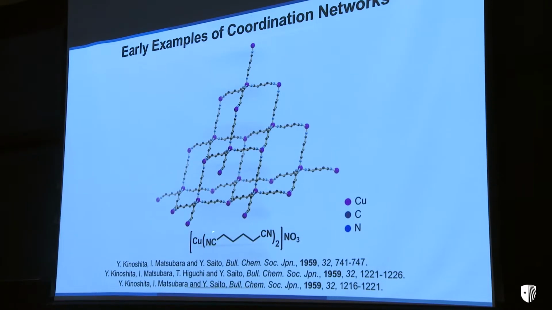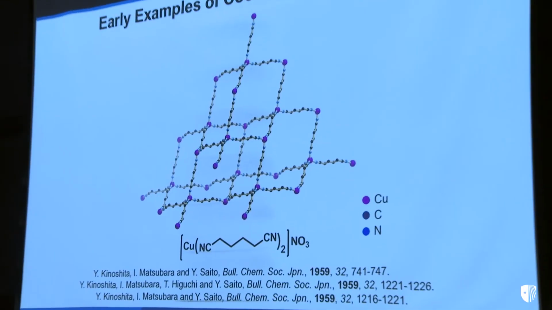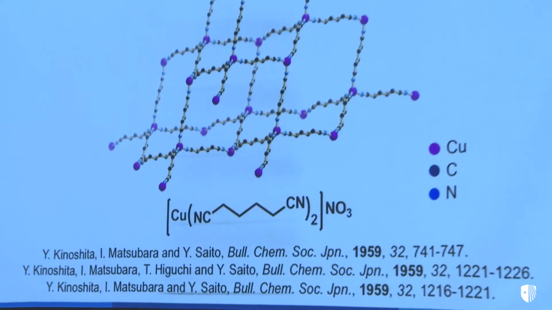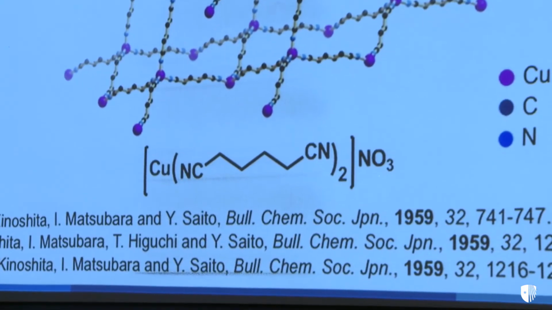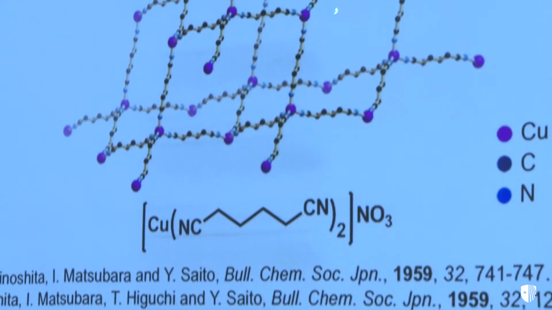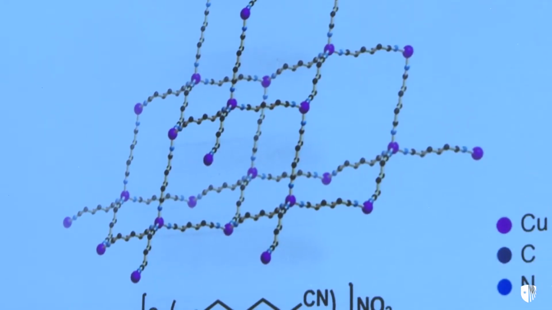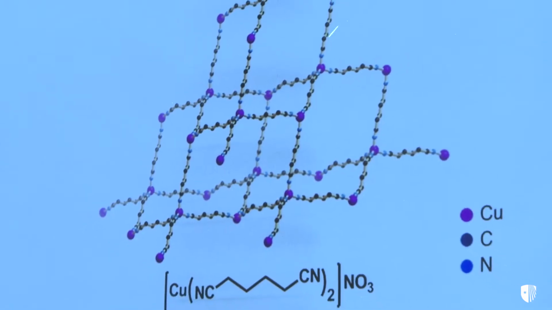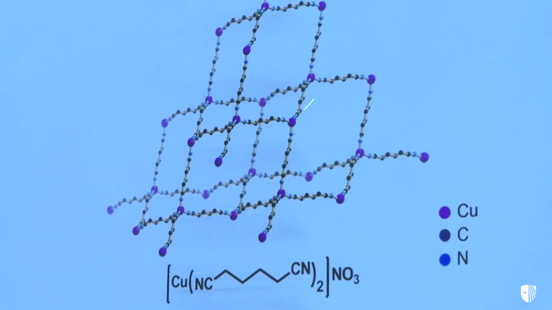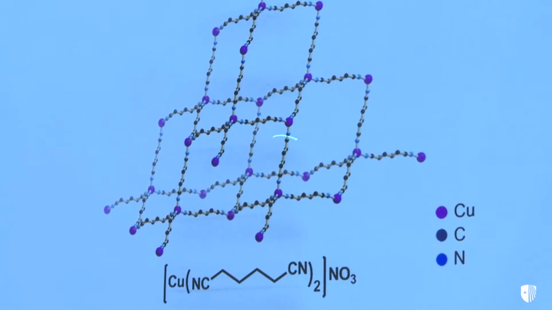This is a copper +1, and then the nitrogen is the same nitrogen I'm talking about with the lone pair, the weak bond, but nevertheless it assembles to make an extended structure with open space, and in the open space you've got nitrate floating around to balance the charge. Some of you will recognize that it's based on the diamond network.